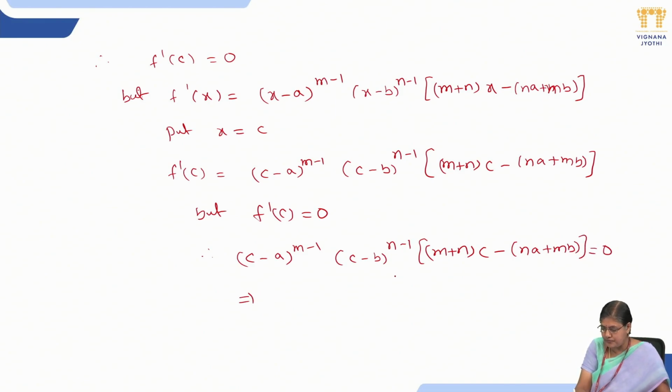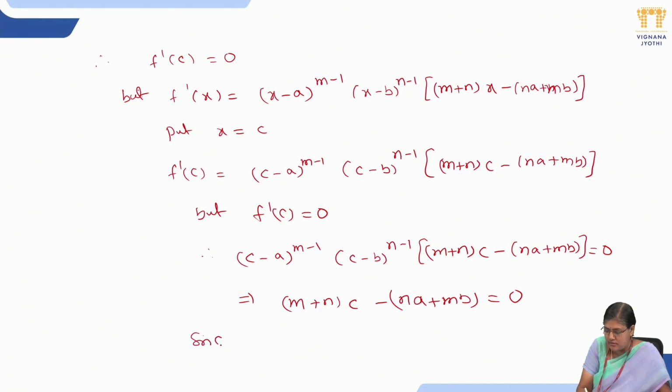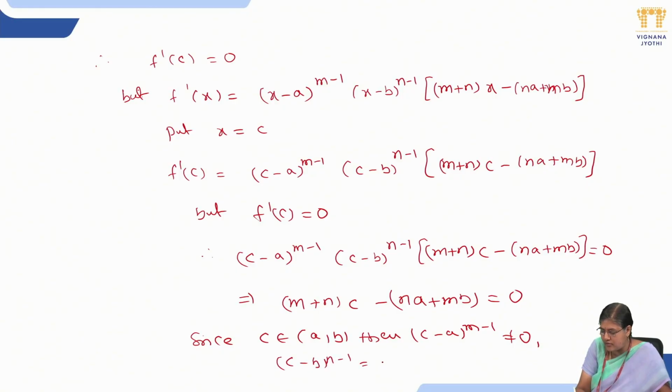From this we have (m plus n) c minus (na plus mb) equal to 0. Since this is of the form A into B into C equal to 0, either A is 0, B is 0, or C is 0. But since c belongs to the open interval a comma b, (c minus a) whole power m minus 1 is not equal to 0 and (c minus b) whole power n minus 1 is not equal to 0.